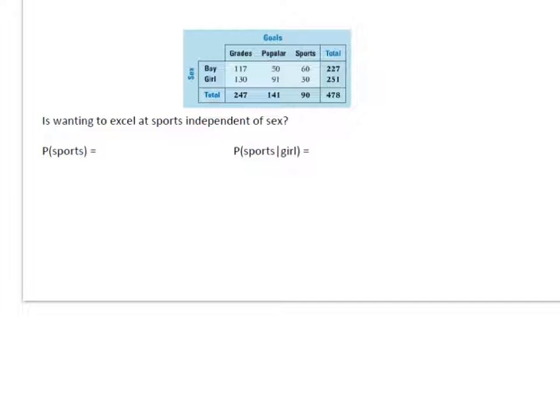Will they choose sports as something they want to excel at equally, regardless of their sex? And that's what we want to answer. To do that, let's start off by first having you calculate two probabilities. Can you calculate the probability of choosing sports and the probability of choosing sports given you're a girl? So please calculate those two probabilities, and then come back and we'll move through the rest of it together.